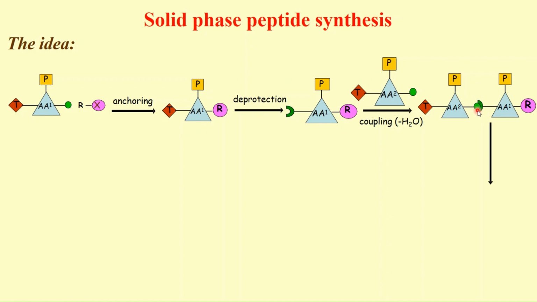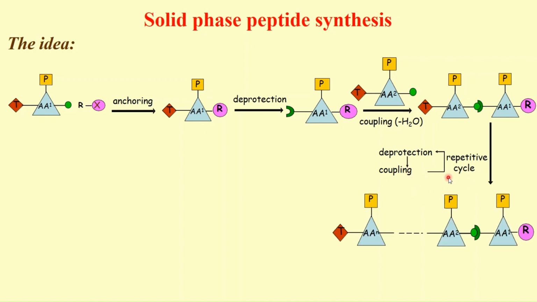The peptide bond which is formed, again it has the protection of the amino group, and this is deprotected and coupled with another amino acid. And the process goes on until the desired peptide is obtained.